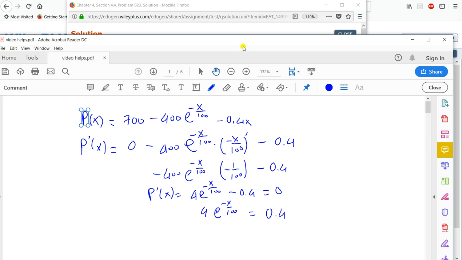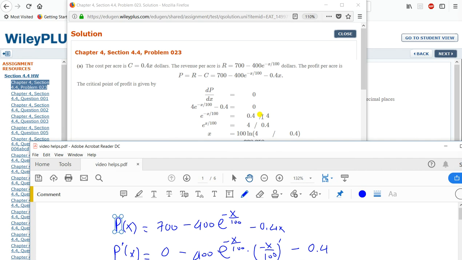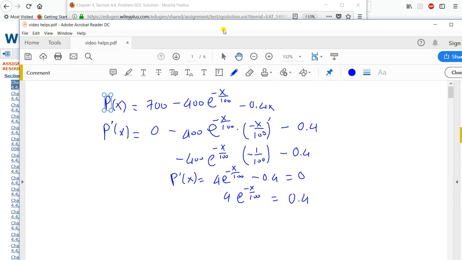So by dividing both sides by 4, you get e to the minus x over 100 equal to 0.4 over 4.